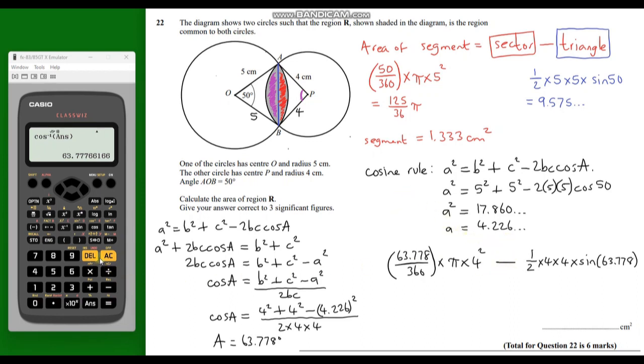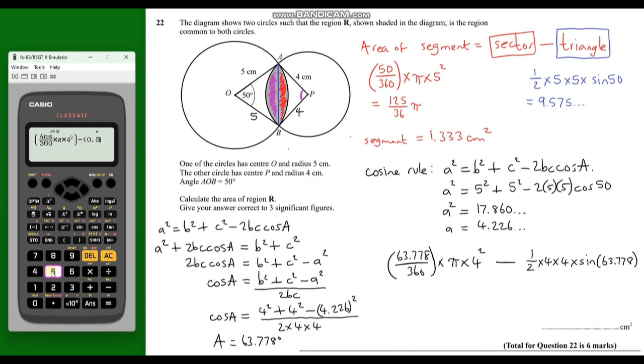So I'm going to put all of this into the calculator now, and again the 63.778 is stored as my answer. So let's put brackets in first. I'm going to put in answer over 360 times pi times 4 squared, close brackets. So that's the area of the sector, and I'm going to subtract the area of the triangle.